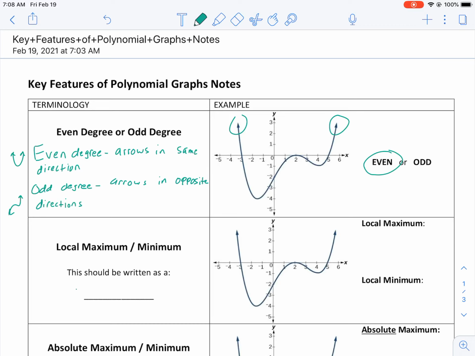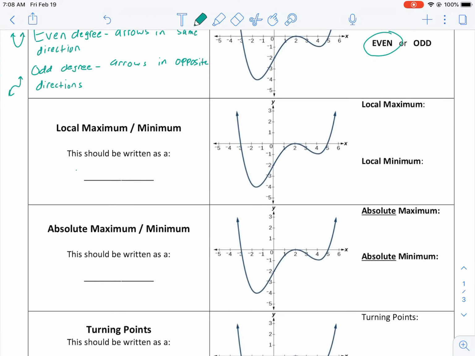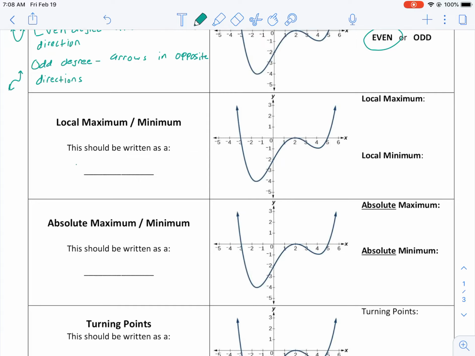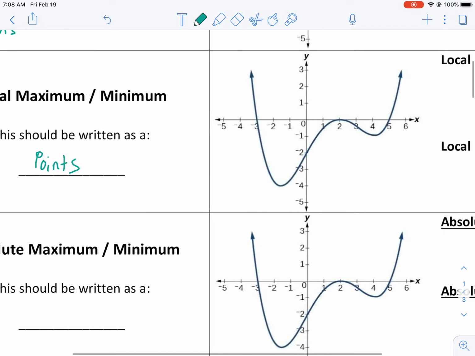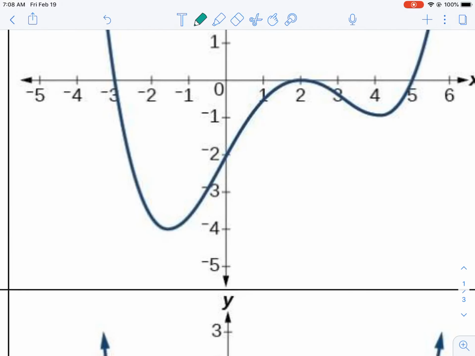Then we have local maximum or minimums, all right? So there's a difference between the absolute maximum, which is down here, and the local maximum, all right? And by the way, these should be written as points, okay? The local maximum or minimum are basically anytime you get a hill, it's going to be the bottom or top of that hill.